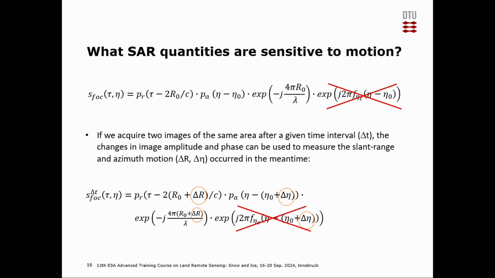Our feature of the glacier is now in a different position. But also in the phase. So the slant range has changed, and so has the phase term. Indeed, this sensitivity will be exploited by amplitude-based techniques such as offset tracking, and this phase sensitivity will be exploited by phase-based techniques like interferometry.